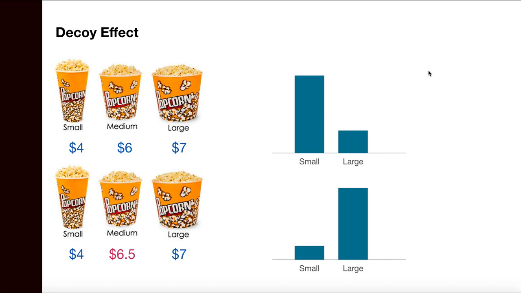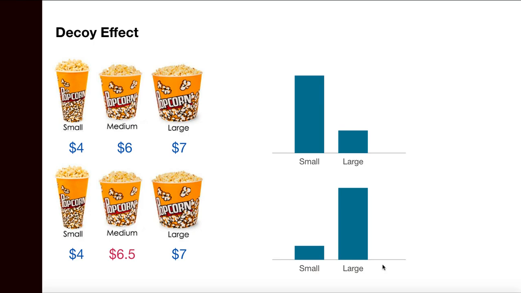But when the medium, the decoy, was introduced, the medium was always there, but there was an alteration in the price. When this was introduced, large went up and the small maybe stayed the same or reduced because there was a dilemma between small and medium, but then they found medium was a little more, lesser in cost than the large one, so they would have gone with the large.